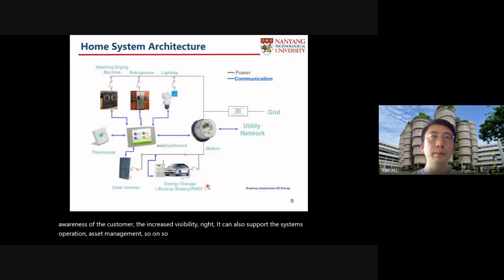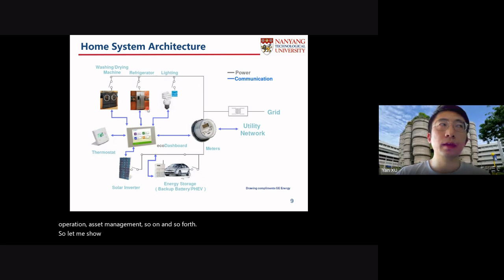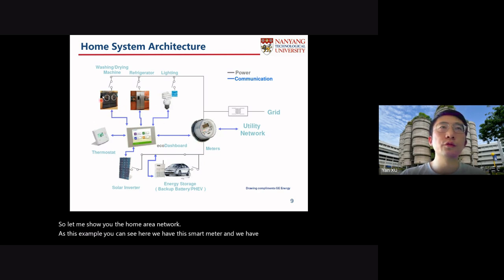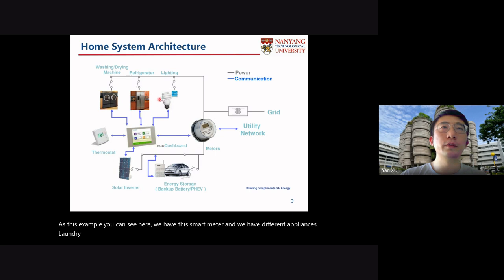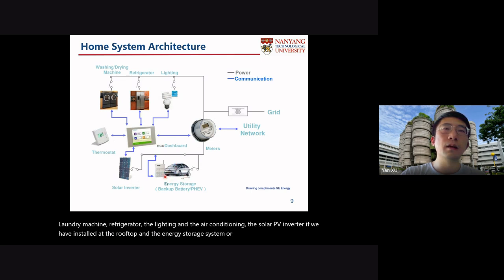So let me show you the home area network as an example. You can see here we have this smart meter, and we have different appliances: laundry machine, refrigerator, the lighting, and the air conditioning, the solar PV inverter if we have installed it at the rooftop, and the energy storage system, or even the electric vehicles.